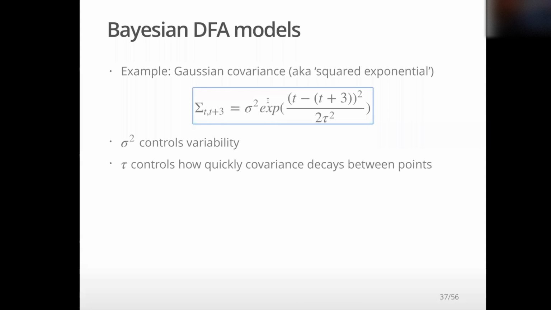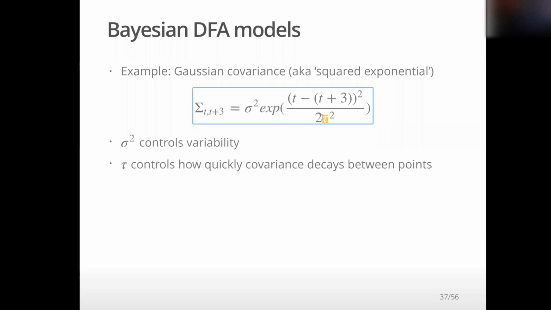Then we have basically only two parameters that control what that covariance is. The first parameter, sigma squared, is just the variability, and that controls how large or small those values are. The second parameter is tau, and tau controls how fast the covariance between two points decays as a function of distance.